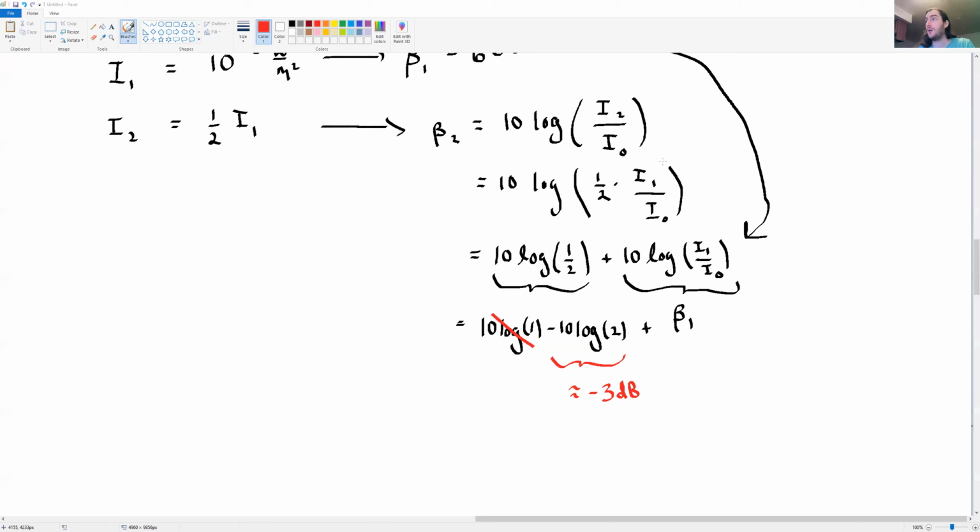Okay, so it tells you a little bit about how sound level changes. For example, if you have 1 speaker versus 2 speakers. If you add in a second speaker, you don't really increase the decibels by much.